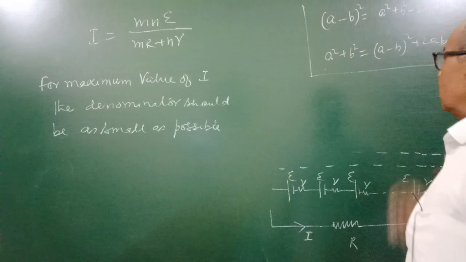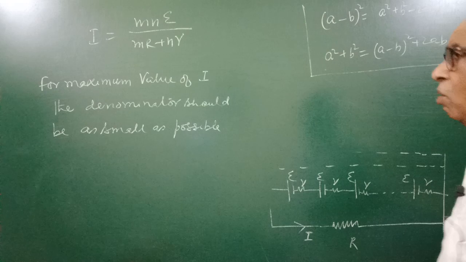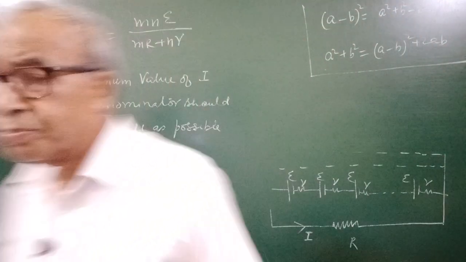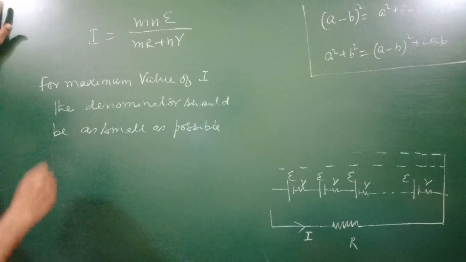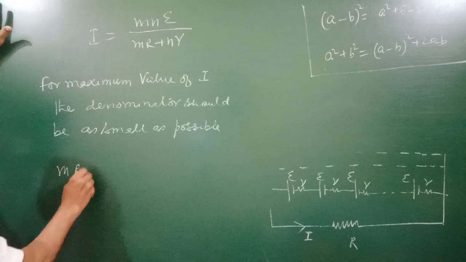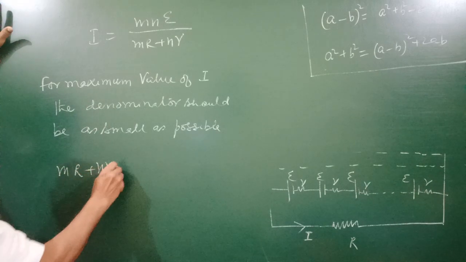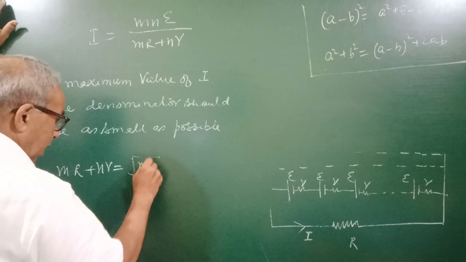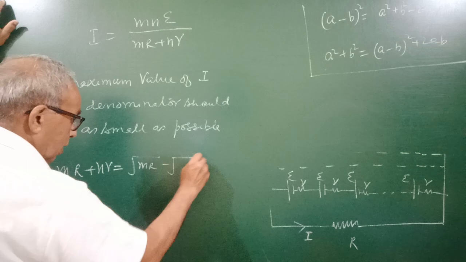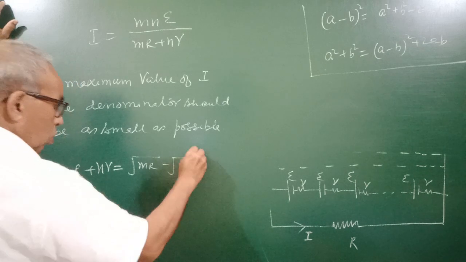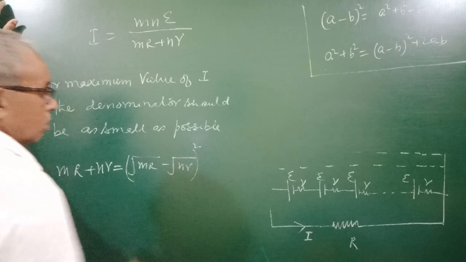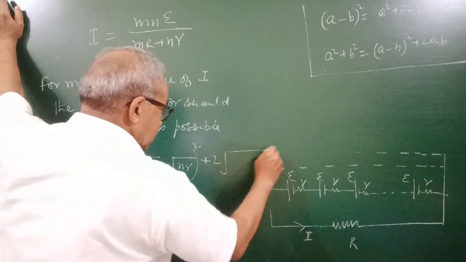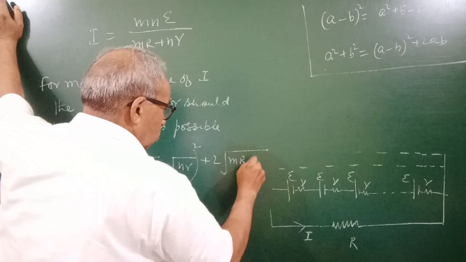This is a simple thing. So mR plus nr can be written as (under root mR minus root nr) whole square plus 2 under root mR into nr.